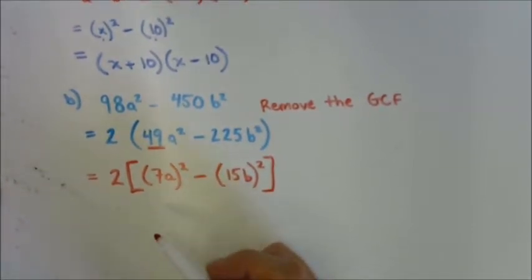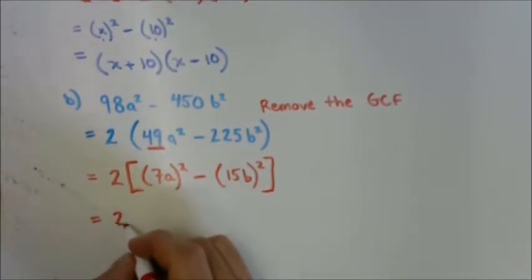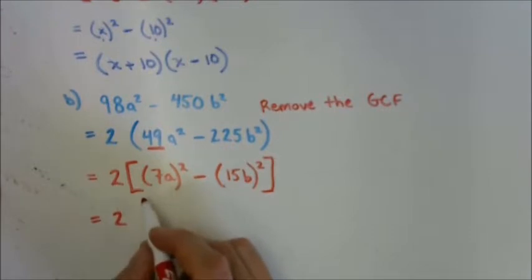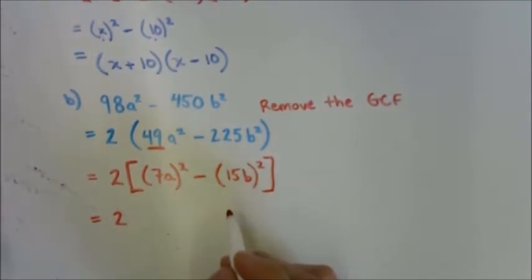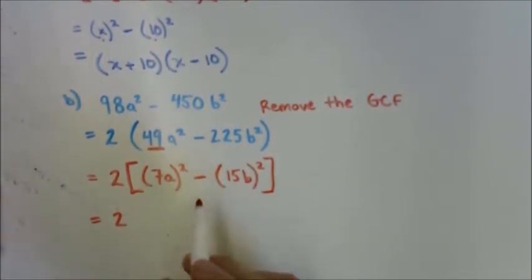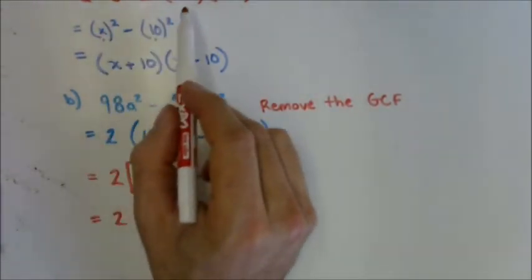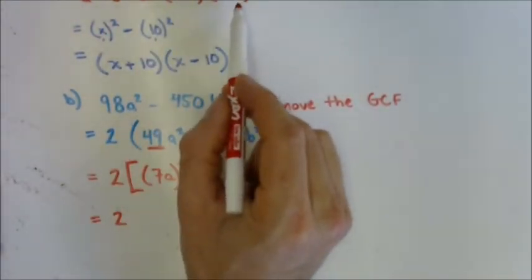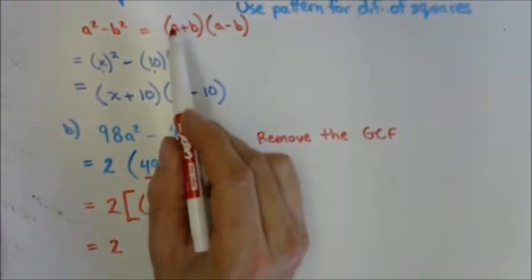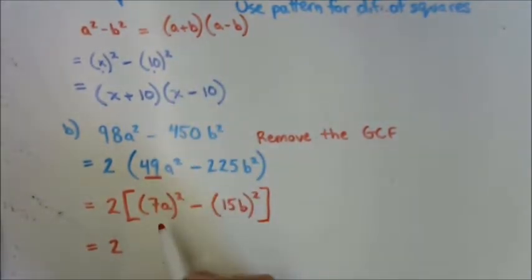And now if we use our pattern, inside this square bracket we should have a squared minus b squared. We should be able to split it up into a plus b, a minus b, right? A is 7a, and b is 15b.